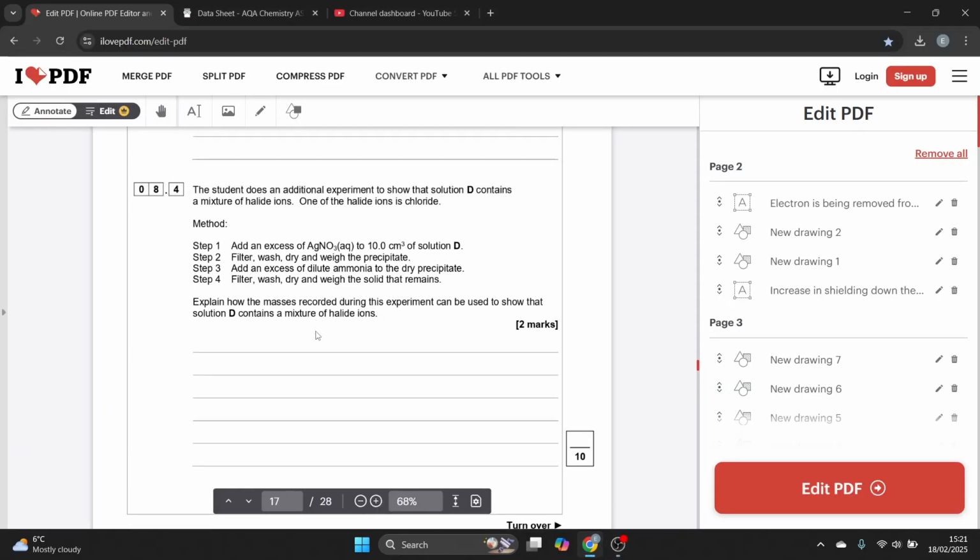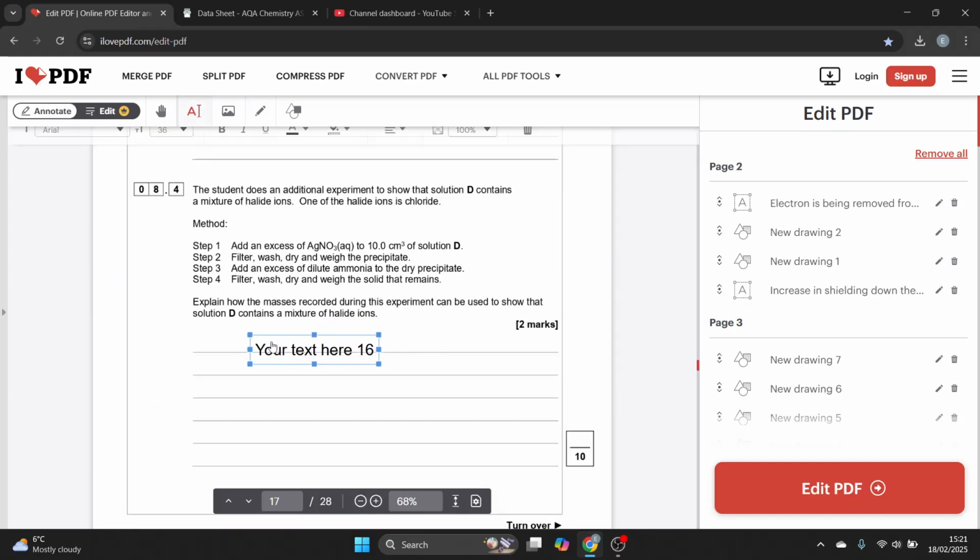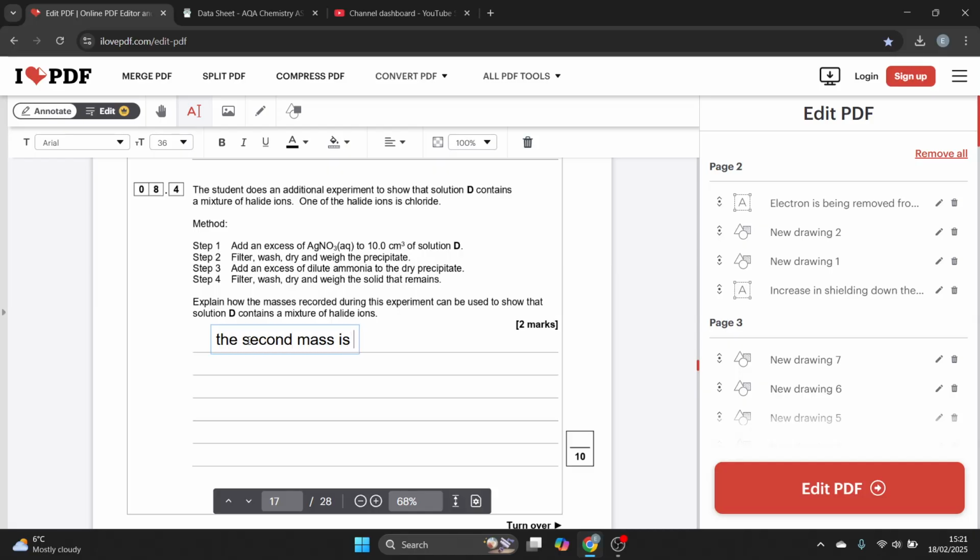Explain how the experiment recorded could be used to show that the solution D contains a mixture of halide ions. The second mass is smaller as silver chloride dissolves in dilute ammonia.